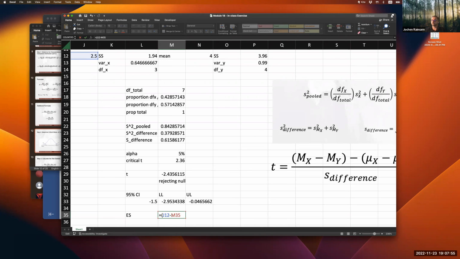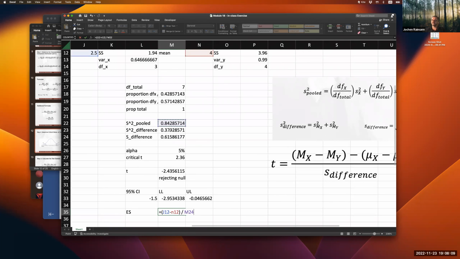This is N12. So J12 minus N12 divided by the standard deviation of the differences. So now wrong. So it's actually the pooled variance, the square root of this pooled variance gets us to the standard deviation of these samples, the pooled standard deviation, rather than the standard error of the mean.